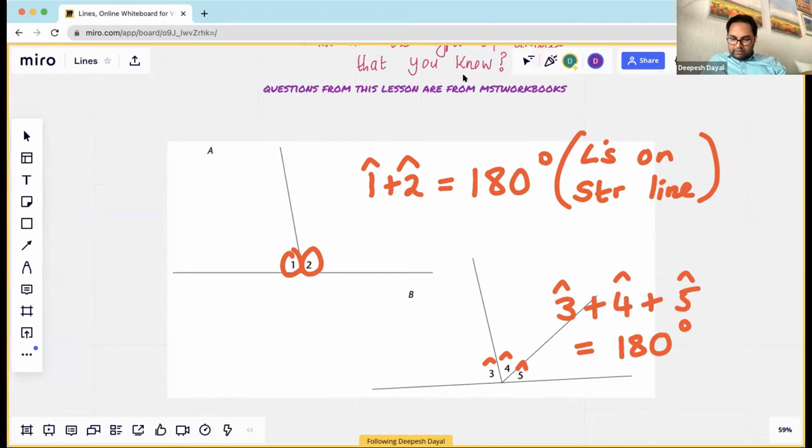Again, angles on a straight line here. Both of them are angles on a straight line. Okay, any questions so far?